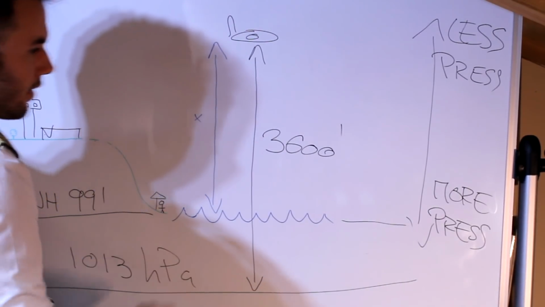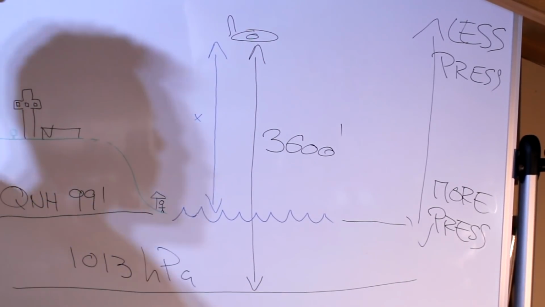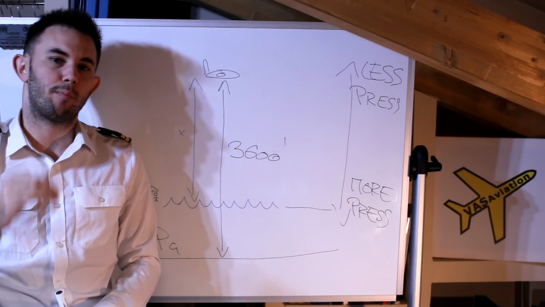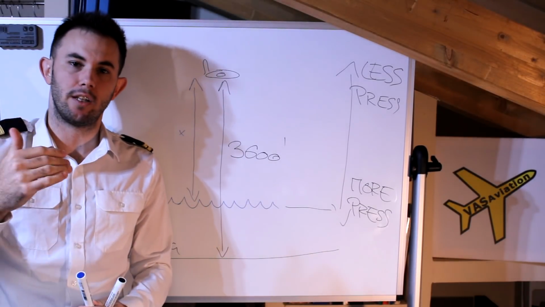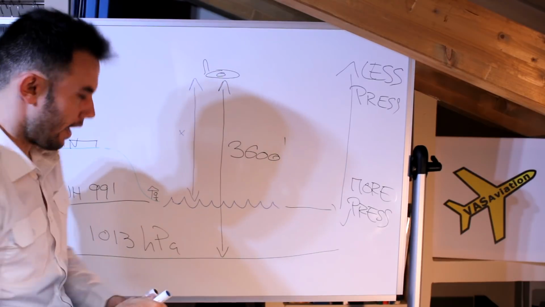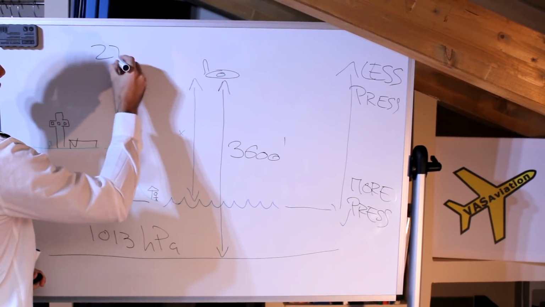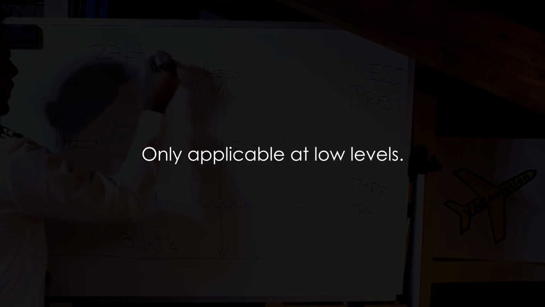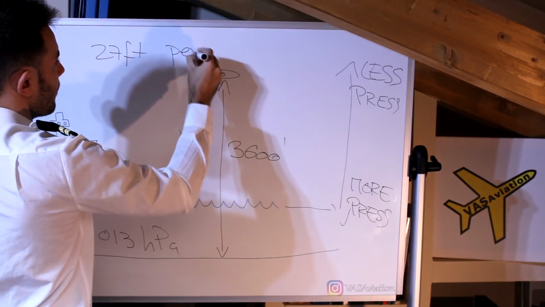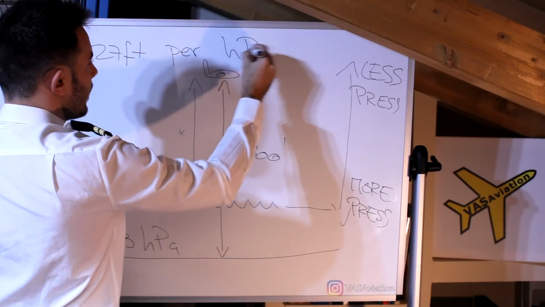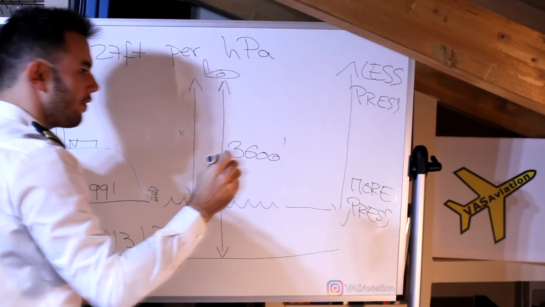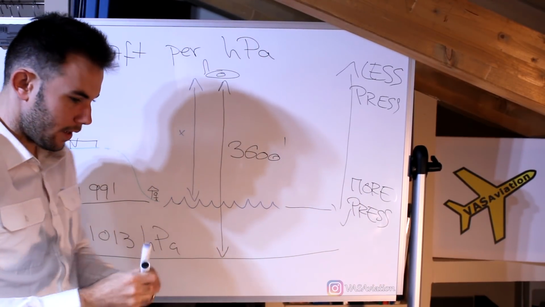And how do we calculate this? Well, you have to know the gradient for the pressure, and that is how pressure changes with altitude. And there is a fixed value of 27 feet per hectopascal.